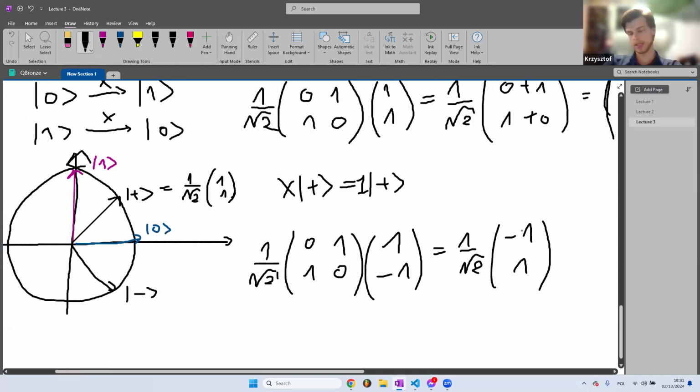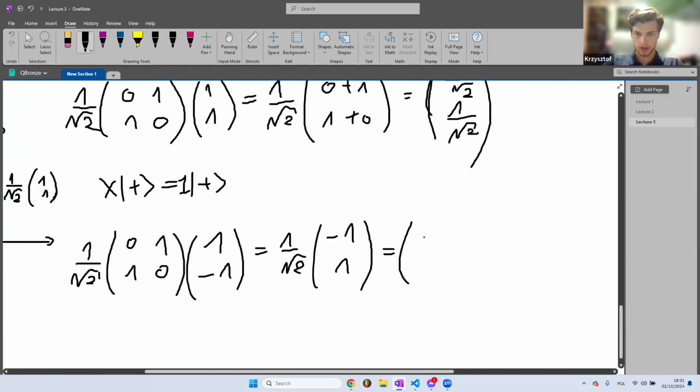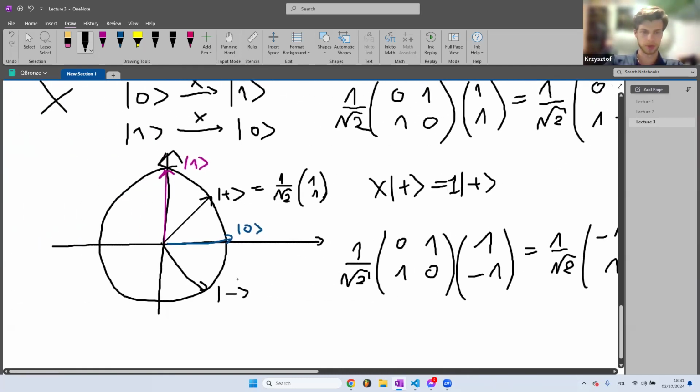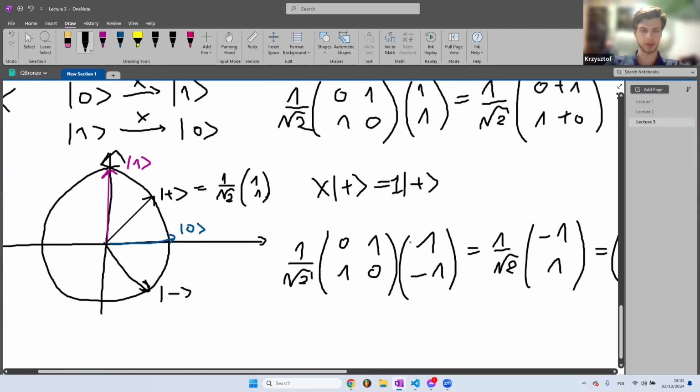Now you can see that the minus jumped from here to here. So the state is minus 1 over square root of 2 and 1 over square root of 2. A lot of writing, a lot of math, but I believe it is very important to do it once in a lifetime to understand those concepts.